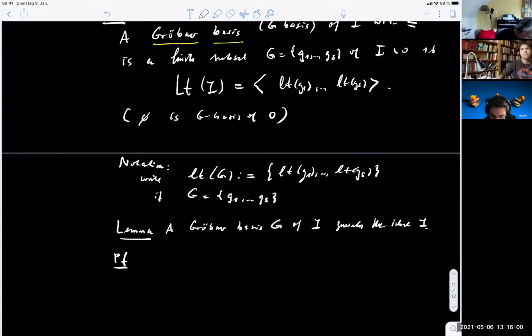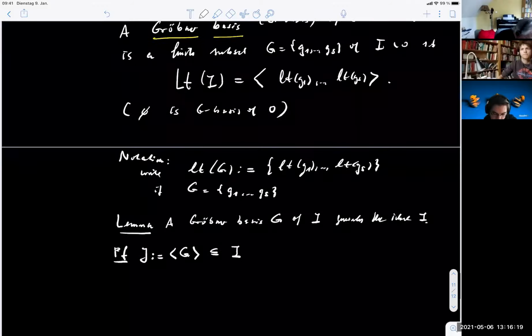Let's call the ideal generated by G, J. So J is a subset of I, and I want to prove J equals I. This inclusion is clear.